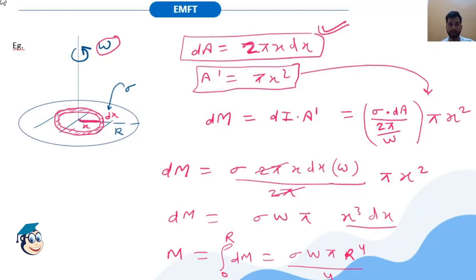So this is the magnetic moment due to this circular disc, an extended body. What you did was select an elemental part, which was the ring, calculate the magnetic moment due to that ring, and integrate it over the entire surface of the disc.